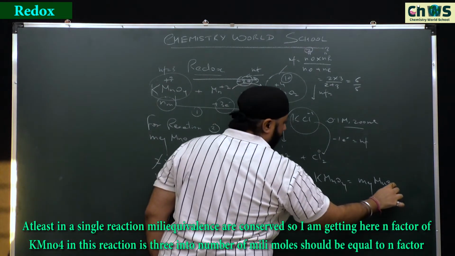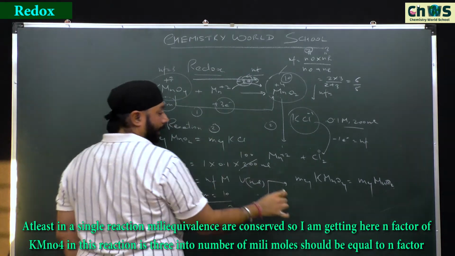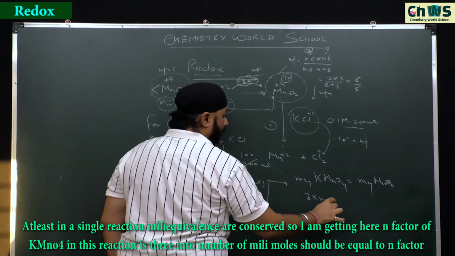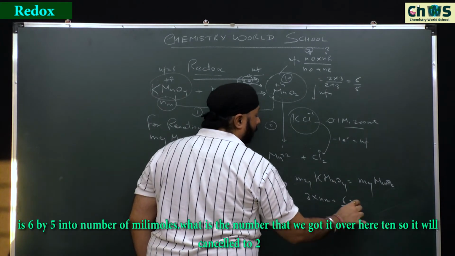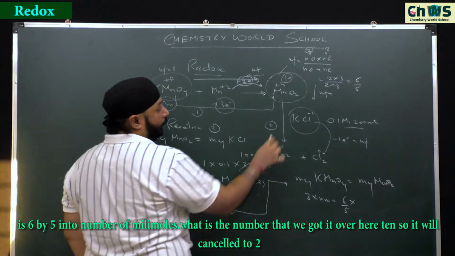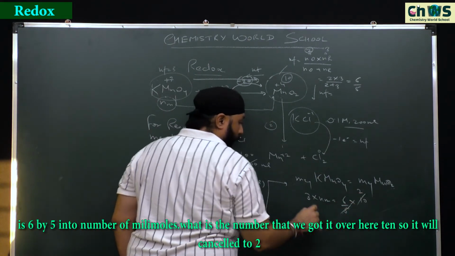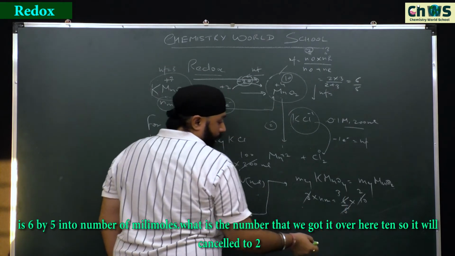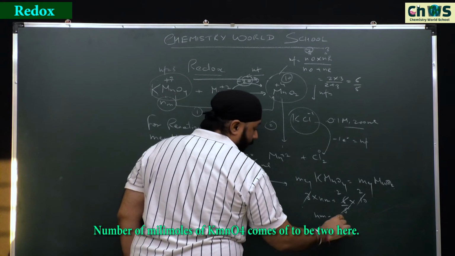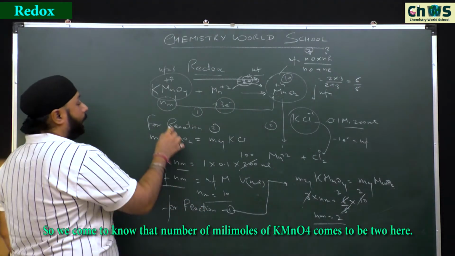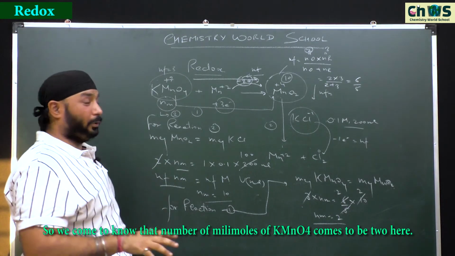So the n factor of KMnO4 in this reaction, 3, into number of millimoles should equal n factor 6 by 5 into number of millimoles. We got the number of millimoles as 10 over here, so it cancels, and the number of millimoles of KMnO4 comes out to be 2.